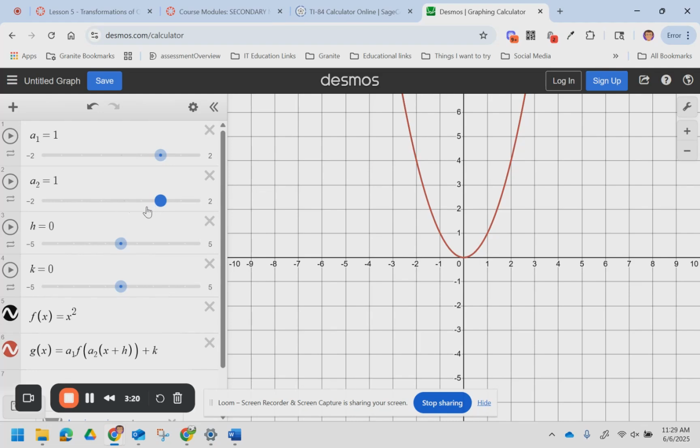And that's because what that does is create a horizontal reflection across the y-axis. Well, this is the same on both sides. So if you reflect it, you're just reflecting it onto itself. However, with a sub 1, when we're multiplying to the output, to the outside of the function, and we change that to a negative 1, this one creates a reflection across the x-axis.